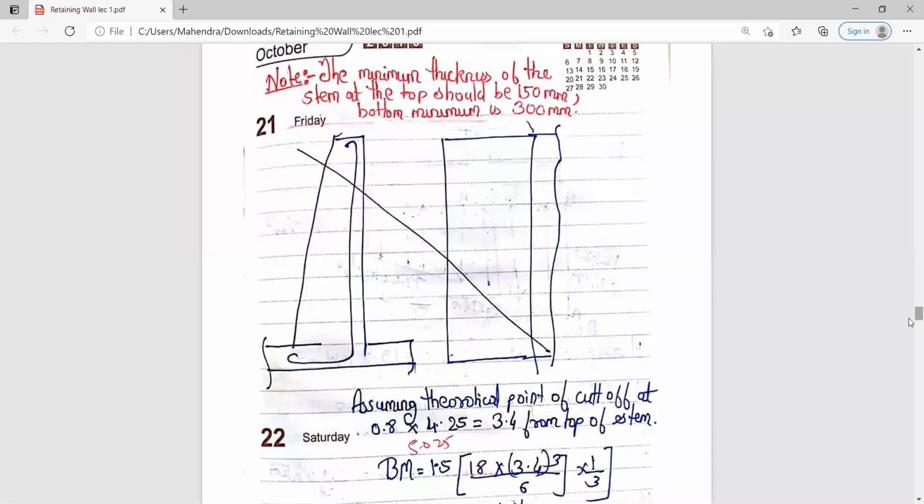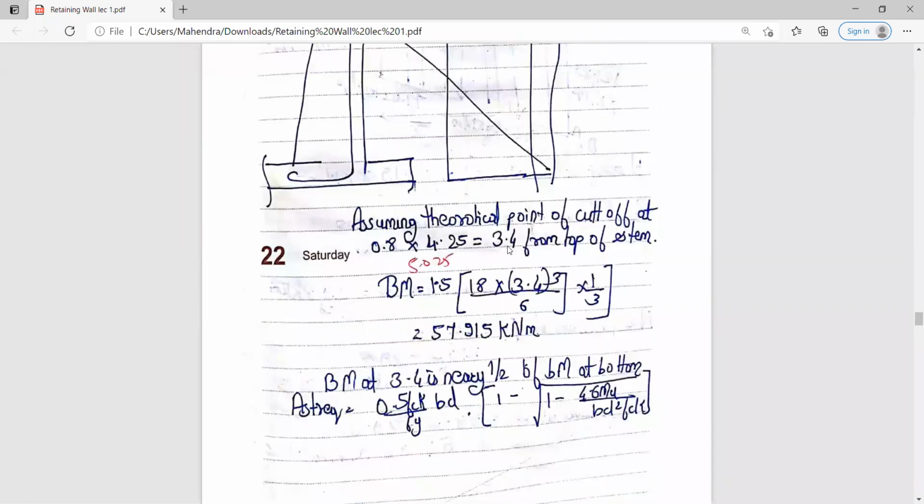So for bending moment, we are going to calculate the factored bending moment: 1.5 into 18 into 3.4 meter distance from the top, 3.4 cube by 6 into 1 by 3.